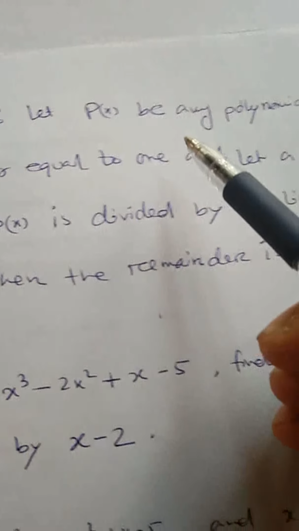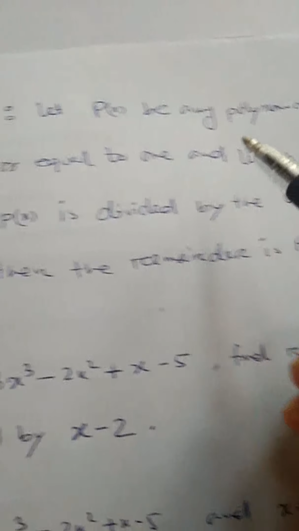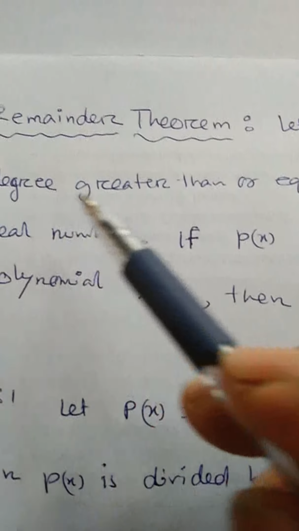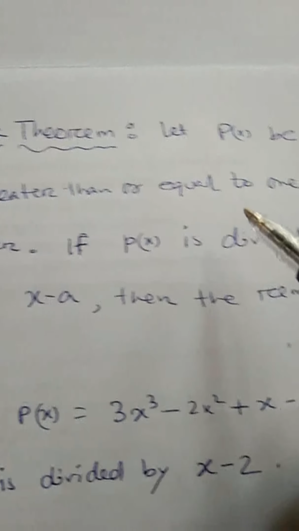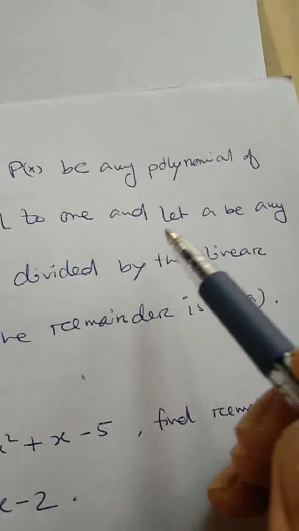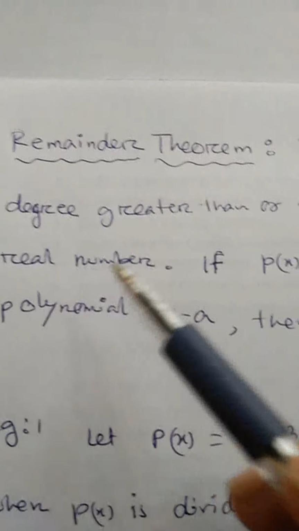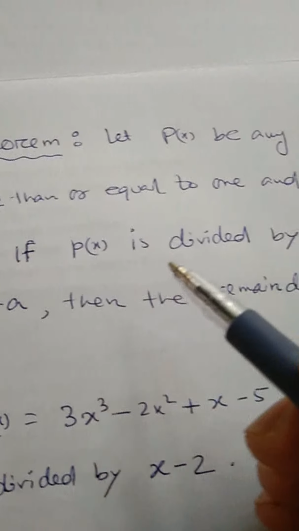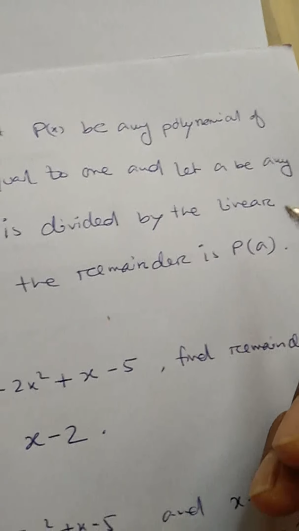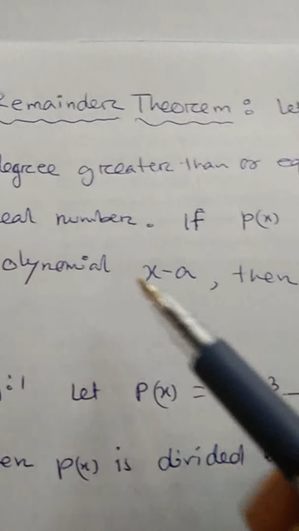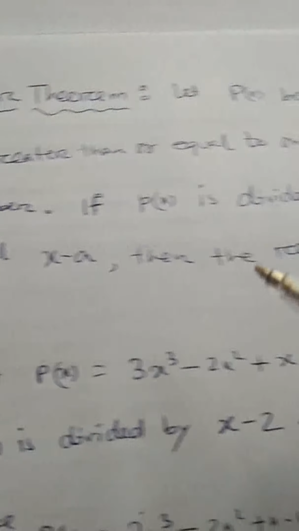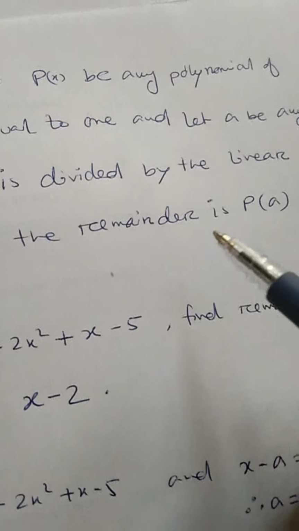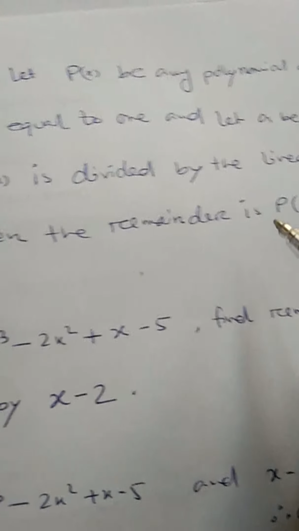Let p(x) be any polynomial of degree greater than or equal to 1, and let a be any real number. If p(x) is divided by the linear polynomial x minus a, then the remainder is p(a).